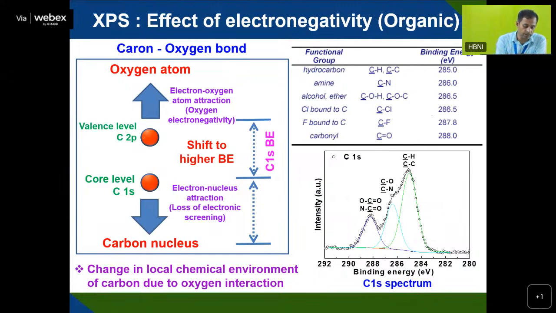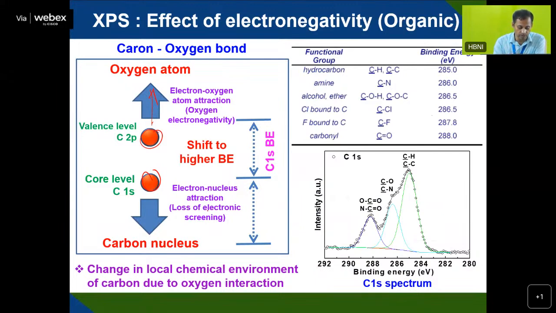Like core level and valence level, here the valence level of carbon 2p and the core level is here. When an oxygen atom is there, it shifts the binding energy from the carbon nucleus. The electron of the oxygen atom attracts, and because oxygen electronegativity is high, it will pull the electron cloud in that direction.